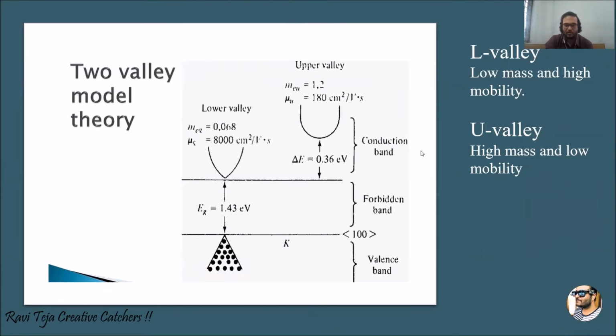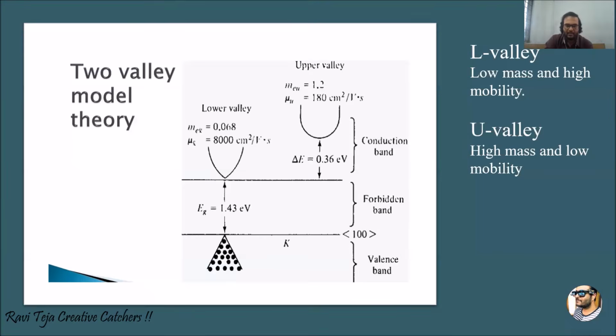Apart from the conduction band and valence band, we were mainly focused on the third band, which is nothing but the forbidden band. So you can see a forbidden band in the Gunn effect two-valley model theory. The gap between the valence band and the conduction band, the forbidden band, is given by Eg equal to 1.43 electron volt.